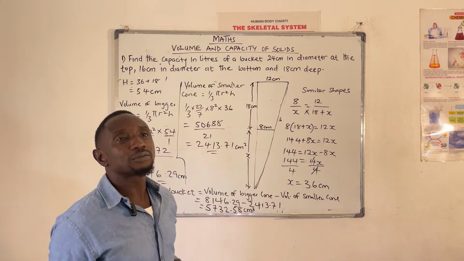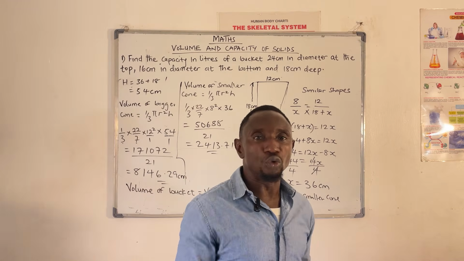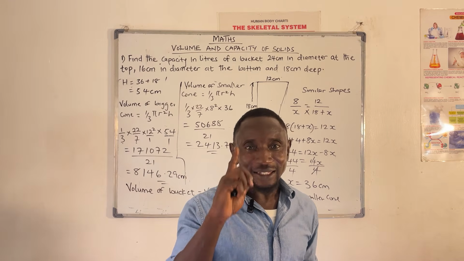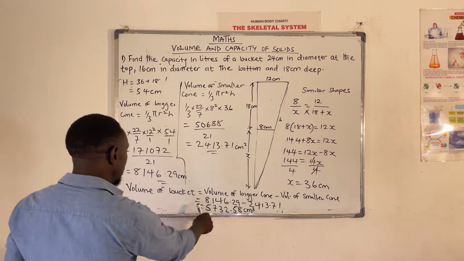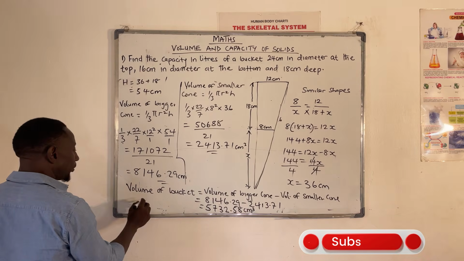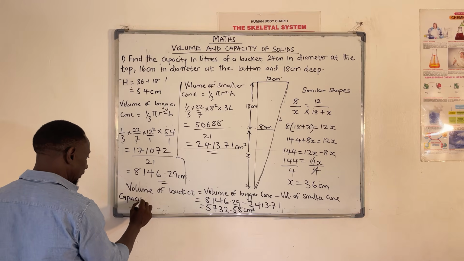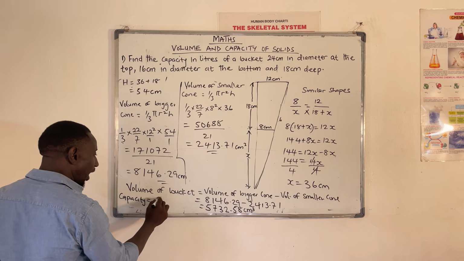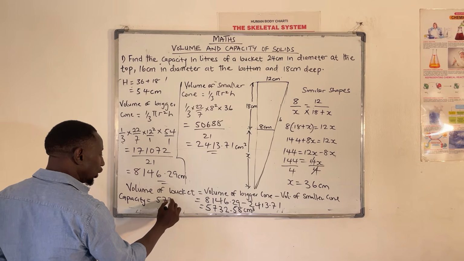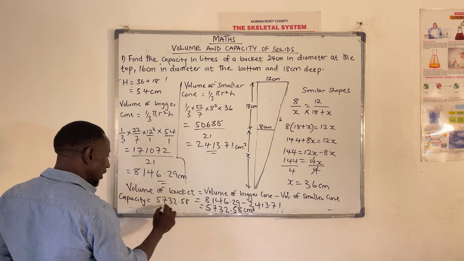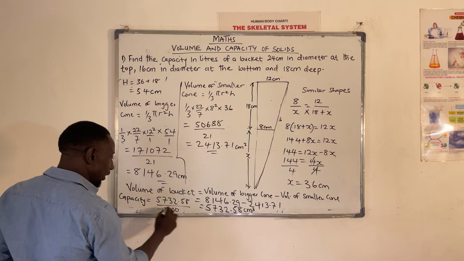Now, we know that 1,000 centimeter cube is equal to what? 1 liter. So since we have this, we just come here and say the capacity of the bucket is equals to 5,732.58 divided by what? 1,000.